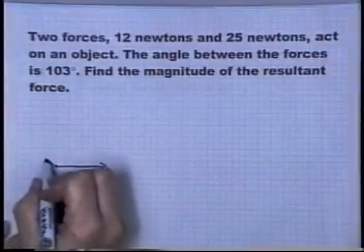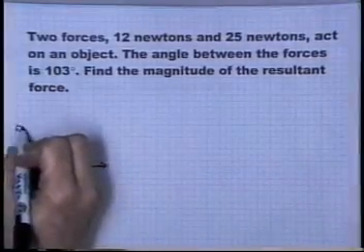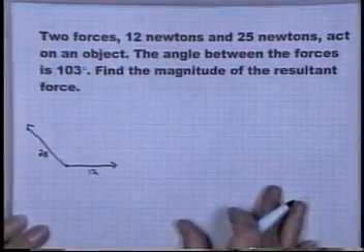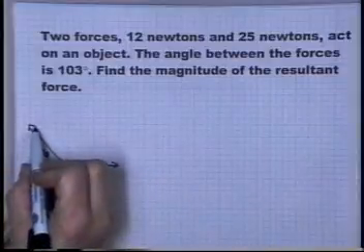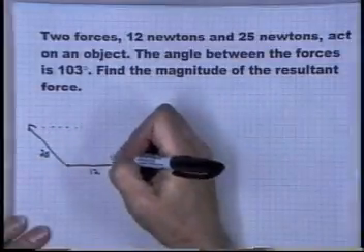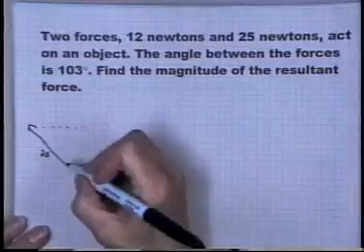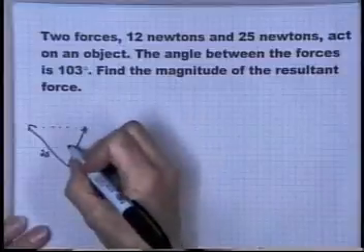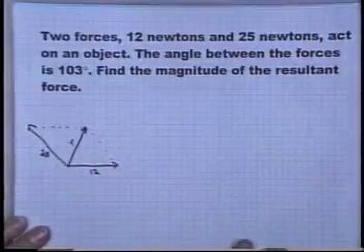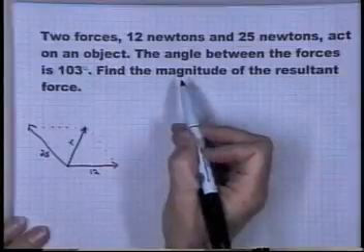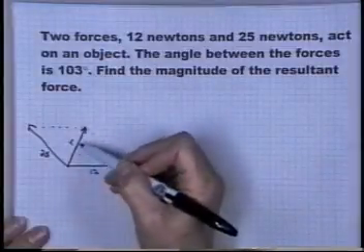And we will draw a second vector coming out here that will represent our 25 Newton force. Now we will use these to complete our parallelogram as we talked about before. Then from this same initial point we're going to come across to that opposite corner with our resultant vector r. We want to find the magnitude or the length of this resultant force here.